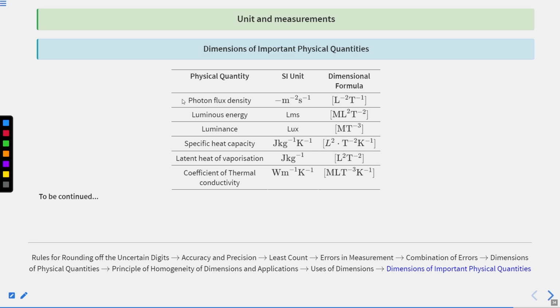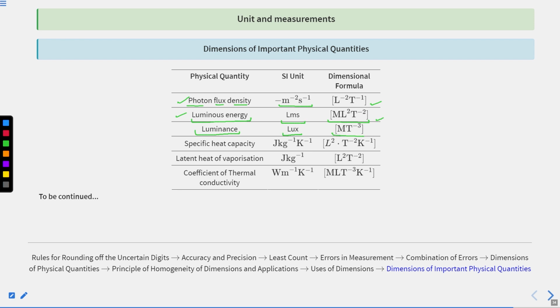Next is photon flux density. The SI unit is this and this is the dimension formula. Next is illumination energy. This is the unit and this is the dimension formula. Luminance is the SI unit.